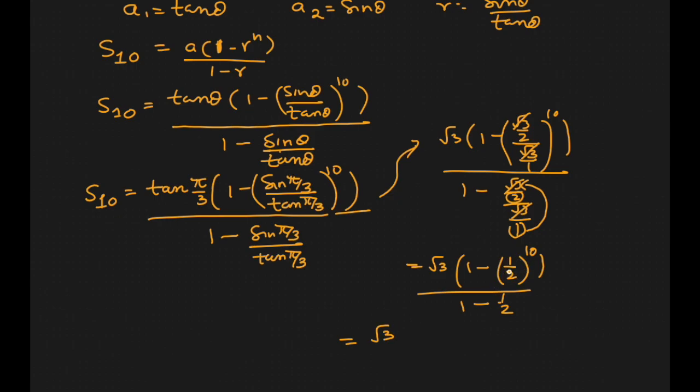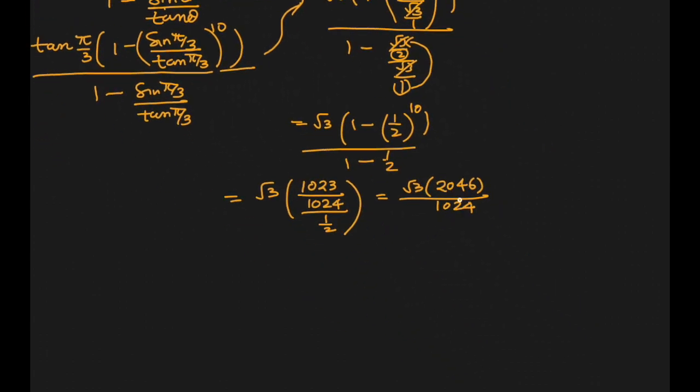Okay, square root 3, and this will be 1/1024. 2 to the power 10 is 1024. You can use a calculator, I'm using my mental math. So 1023 over 1024 divided by 1 minus half, which is half. Alrighty, this 2 will multiply here, so it will become square root 3 times 2046 divided by 1024.